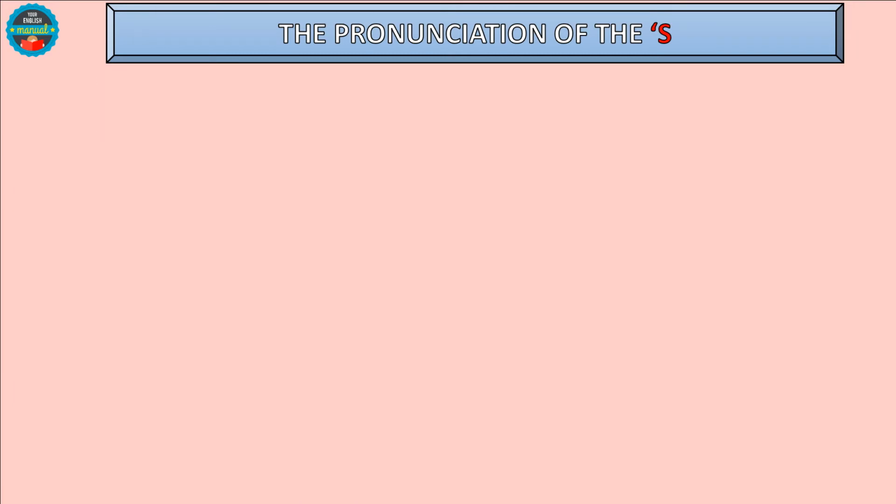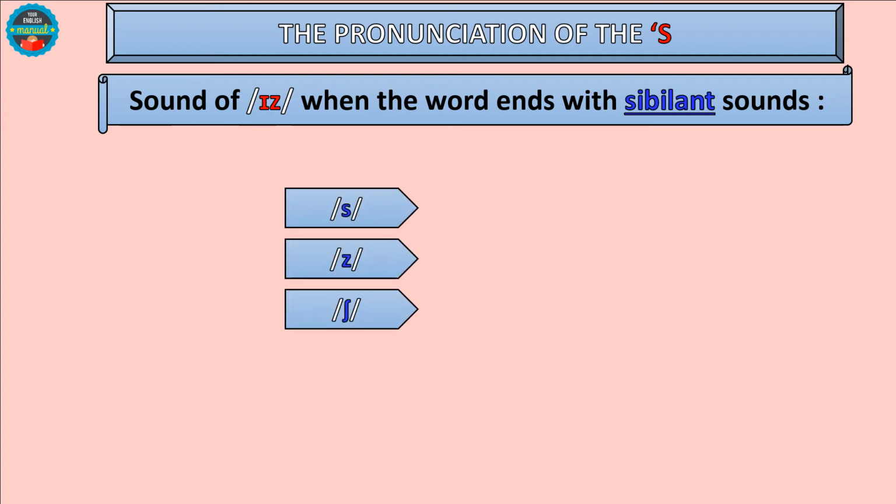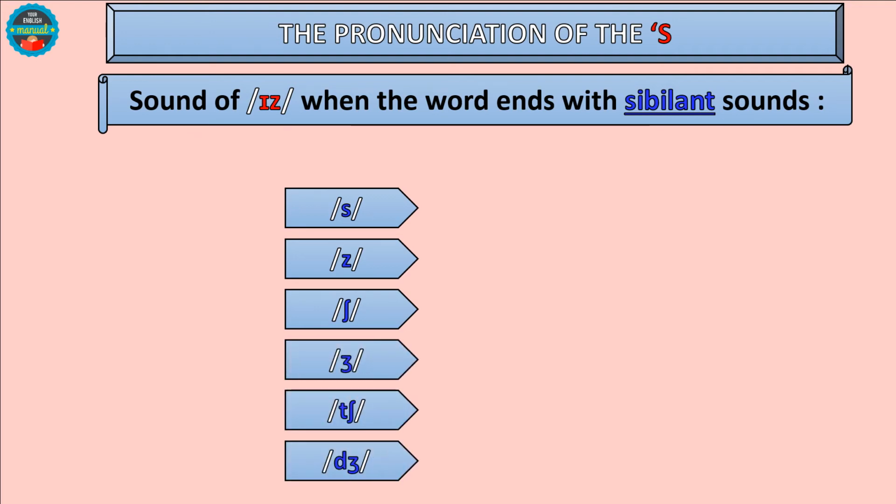The third and final sound is iz. It is only used with certain sounds called sibilants, which are S, Z, Sh, zh, Ch, and J. Let's see an example for each sound.